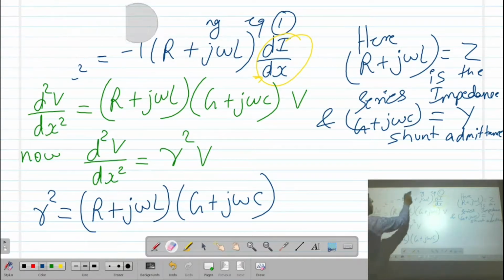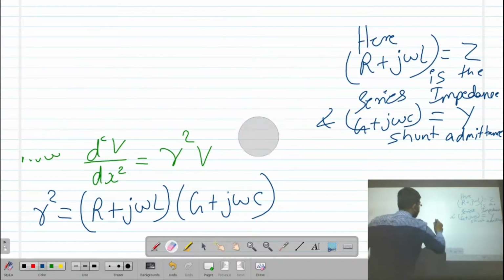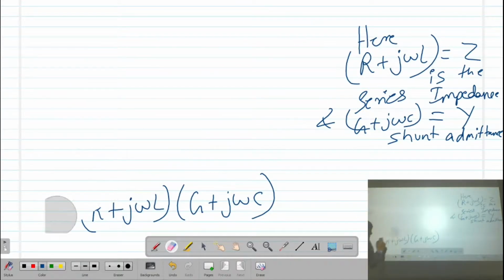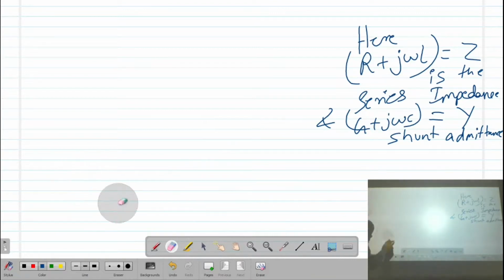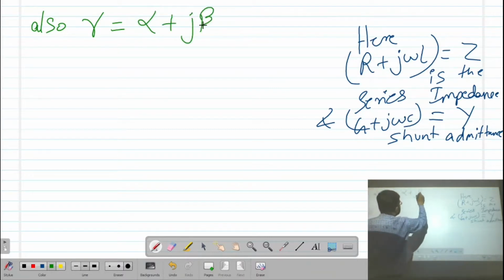Now we also have gamma is equals to alpha plus j beta, right?